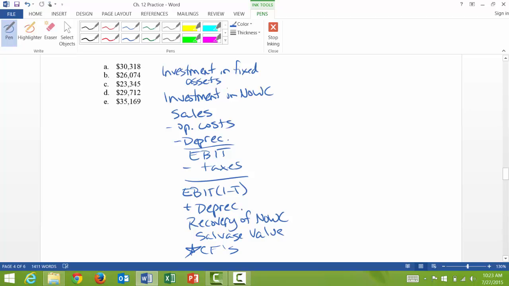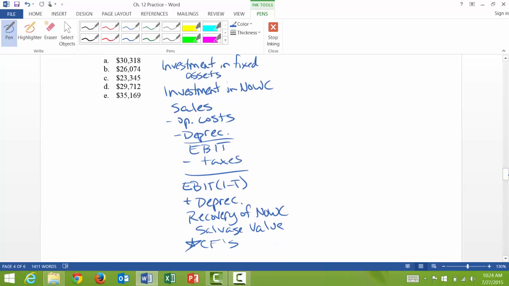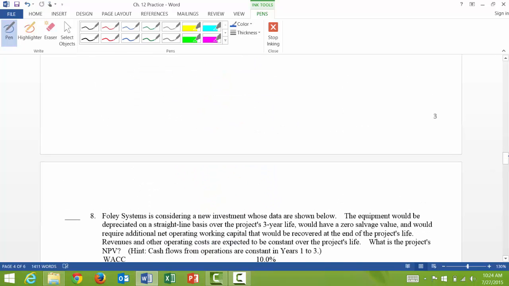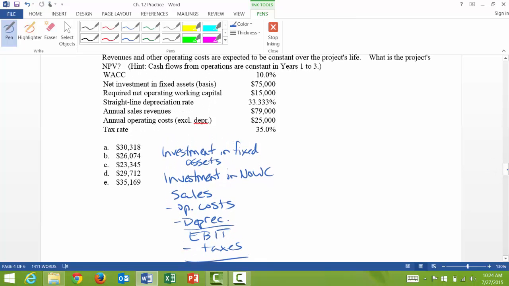So if you're looking at the problem, hopefully you can have it printed out, or maybe I'll just scroll up real quick. Well, this touch screen thing doesn't work that well. So the investment in fixed assets only occurs at time 0.